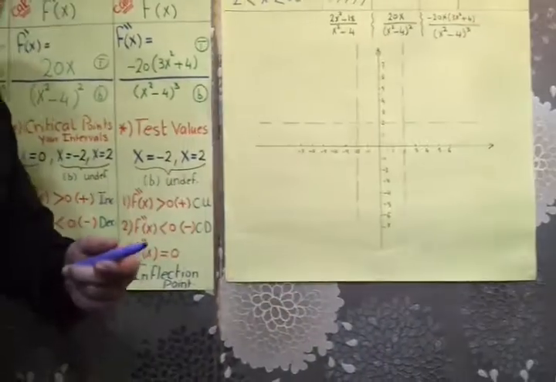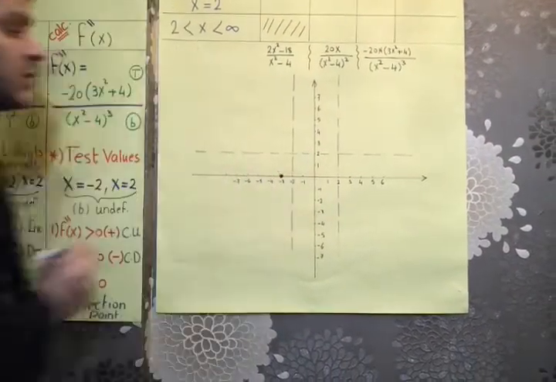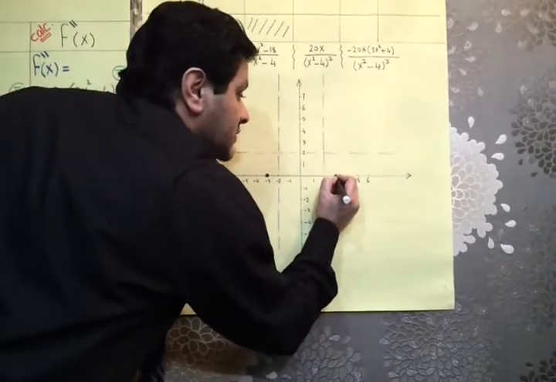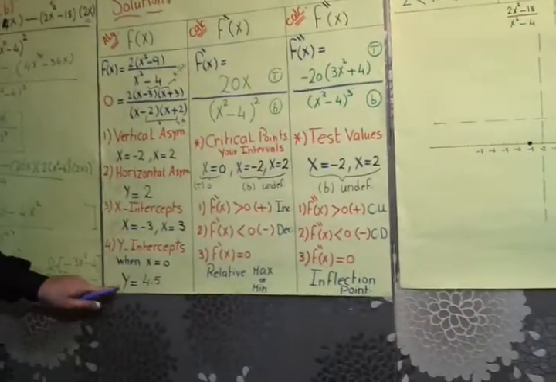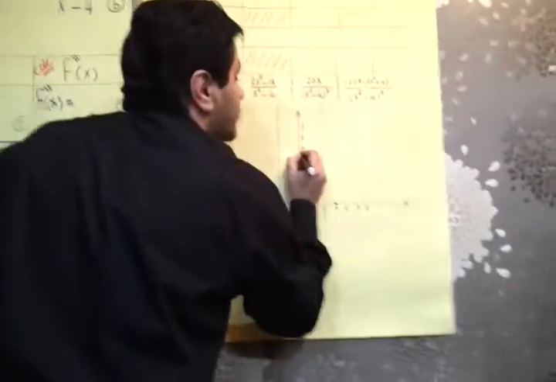I don't know if it's clear or not. Right now I'm plotting the points of the x-intercepts, and we have another one, the y-intercept: when x equals 0, y equals 4.5. So we are going also to plot the point 4.5.